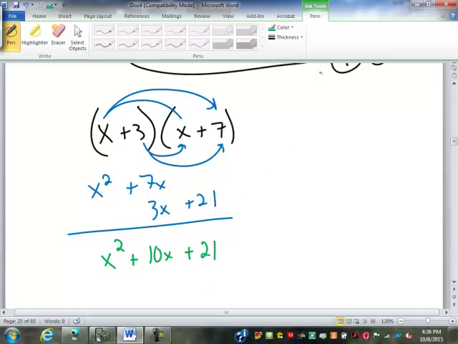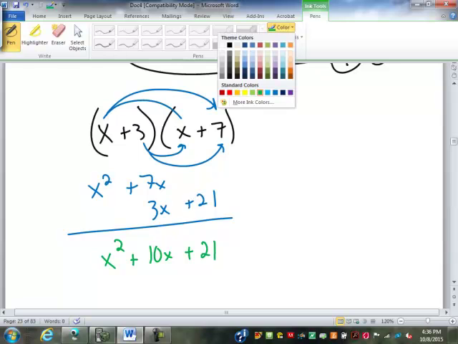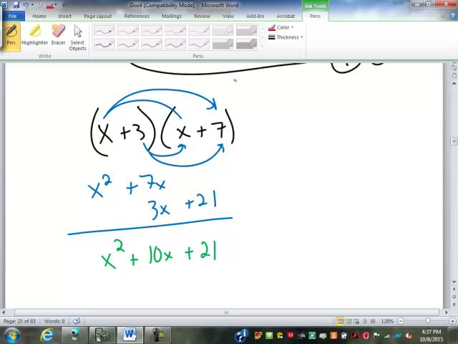We did it out using the long multiplication last time. I used the FOIL shortcut here this time. Is there anybody that wants to see me multiply it out the long way? Okay. So anyway, if we are asked to factor something like that, we look at it, is there a greatest common factor there anywhere?